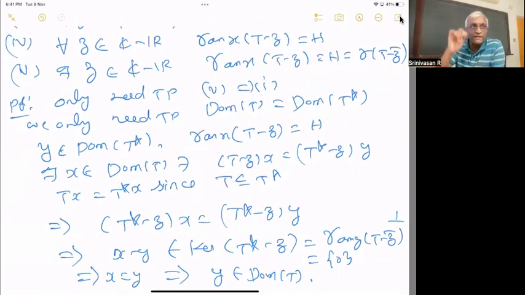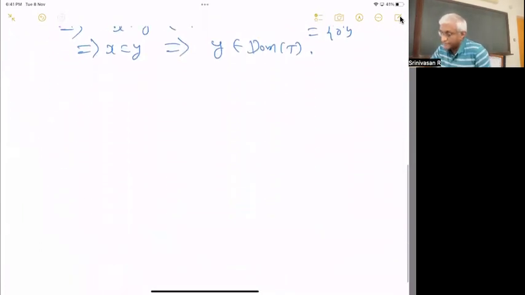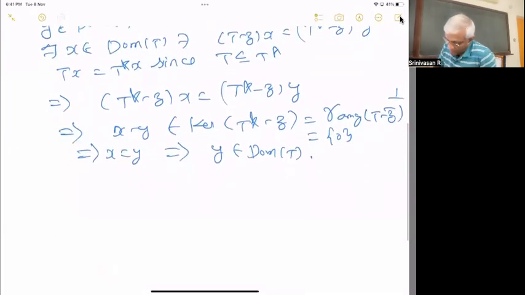We will assume that and prove the spectral theorem for unbounded operators. Definition. So T is an unbounded operator.